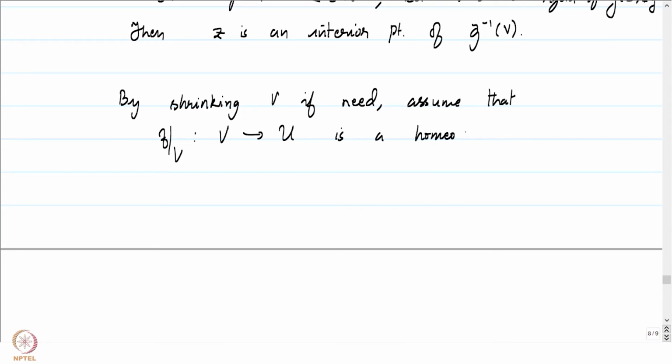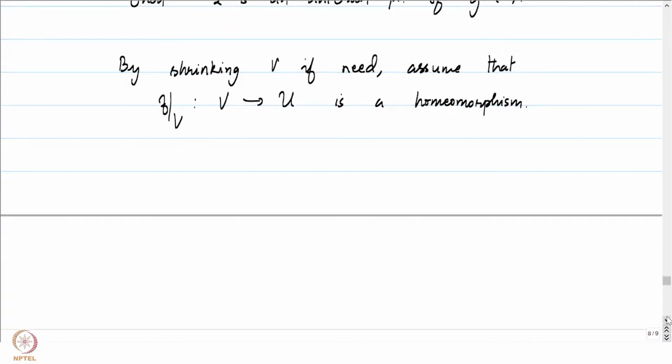This is possible because F is a covering map. In particular, it's a local homeomorphism, and because it's a local homeomorphism, we can restrict to a neighborhood where it is indeed a homeomorphism. Now, the shrinking doesn't make any difference to what we intend to prove, because if we can get hold of a neighborhood of z in G tilde inverse of some smaller set than V, then it's in particular contained in G tilde inverse of V as well, and therefore we will be good with respect to proving the theorem.